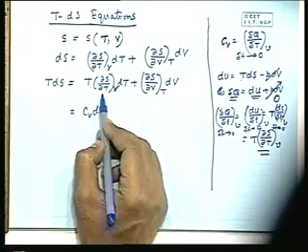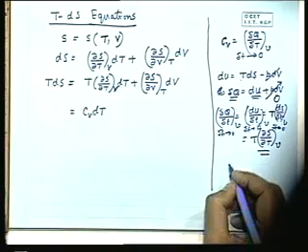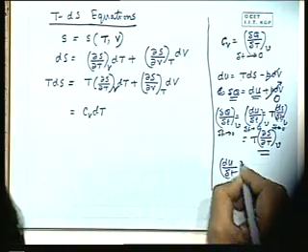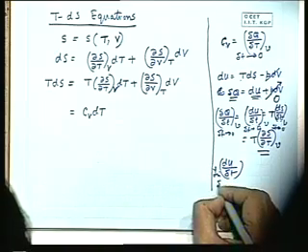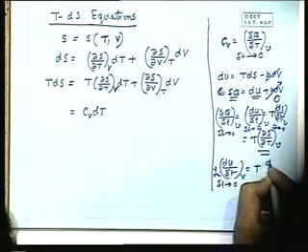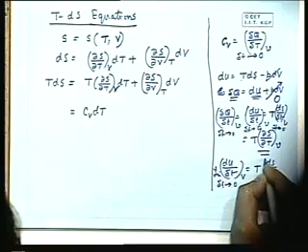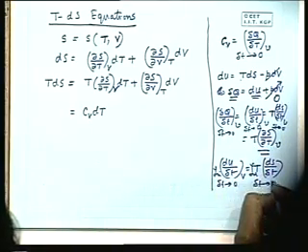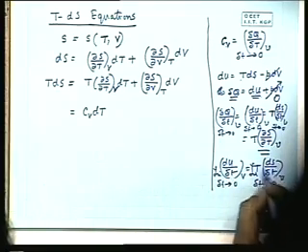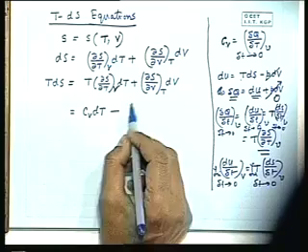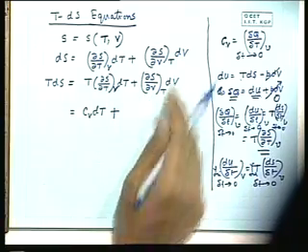So, T dS in the limit delta T tends to 0 at constant volume becomes T del S del T plus, now what is del S del V at T?